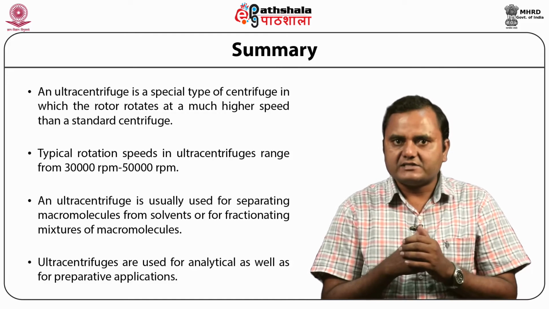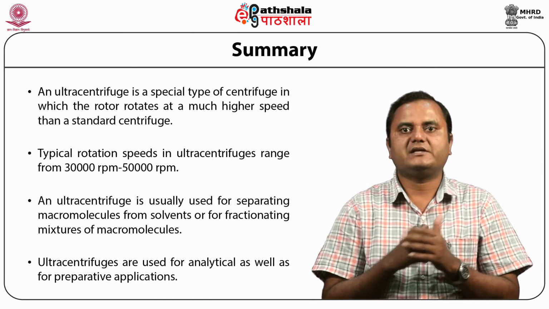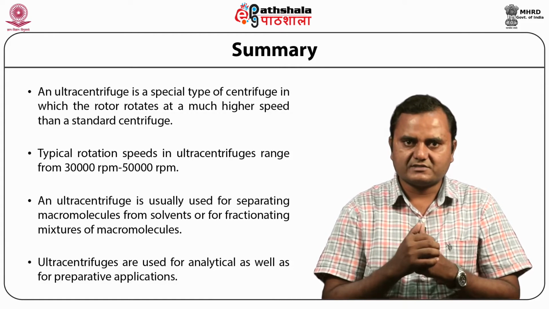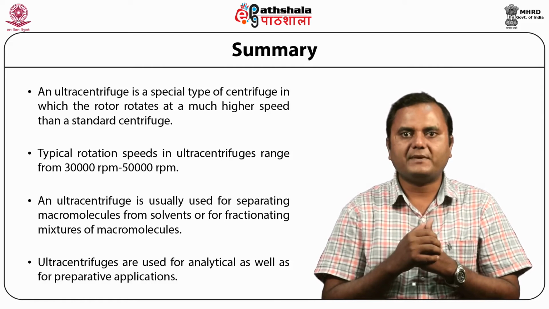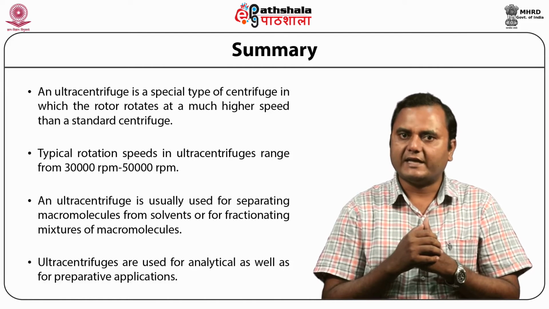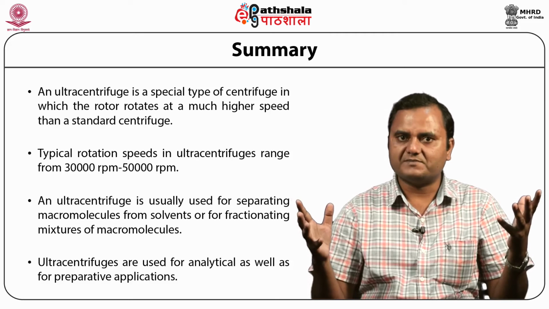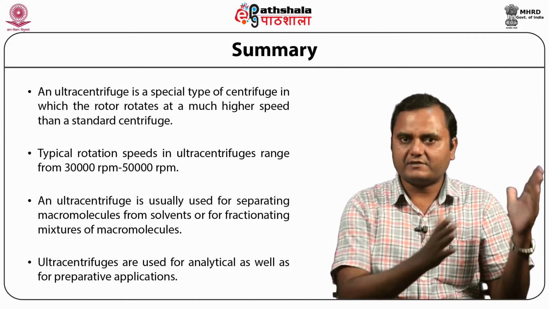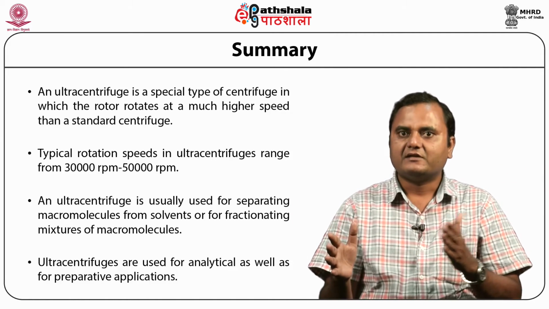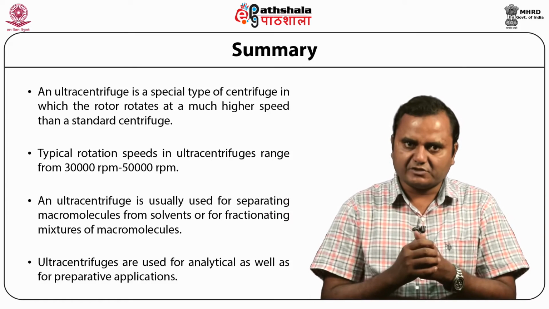The analytical ultracentrifuge is mainly used for studying the properties of molecules as well as analyzing a complex mixture of molecules, like how many components are in this mixture, what is the relative content of this mixture, and of course for the separation of this mixture.